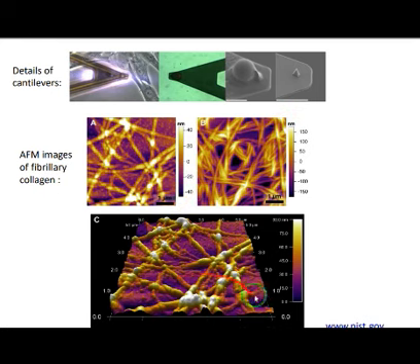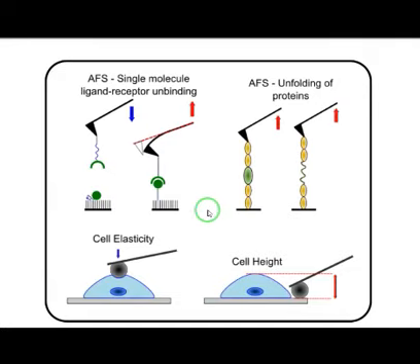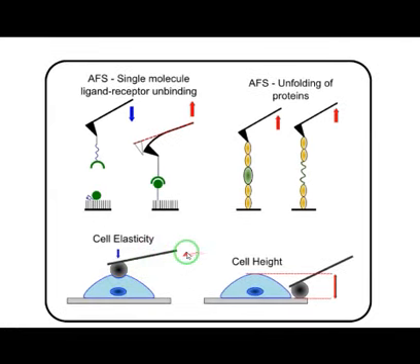You see the outer shell of our samples, and let's go to two other applications of the AFM. If we have the targeting ligand and here we have the receptor and they bind, by the use of AFM we can measure the strength of this bond, and sometimes we can also use the AFM for measuring the cell elasticity.